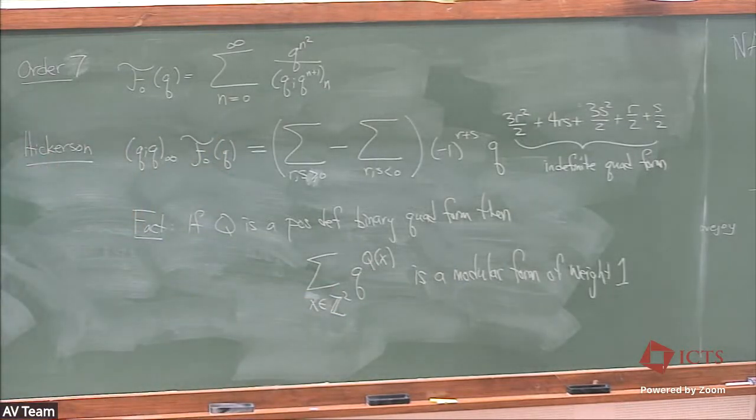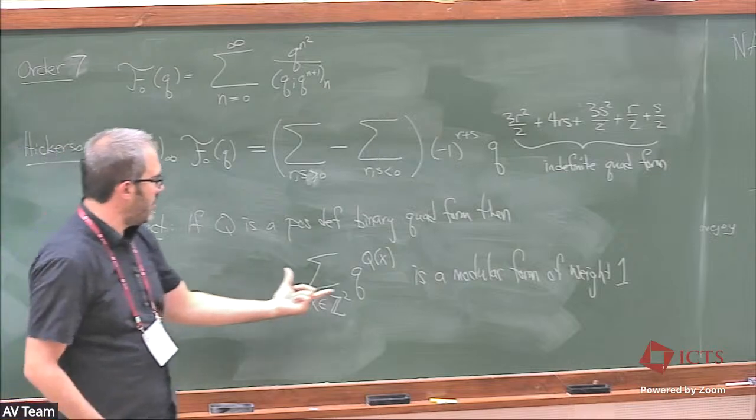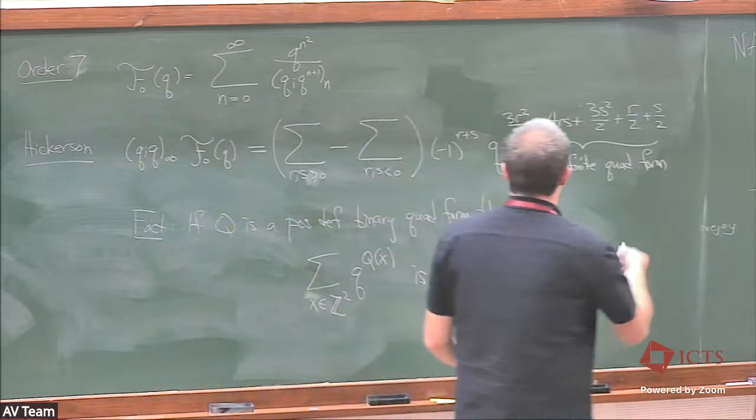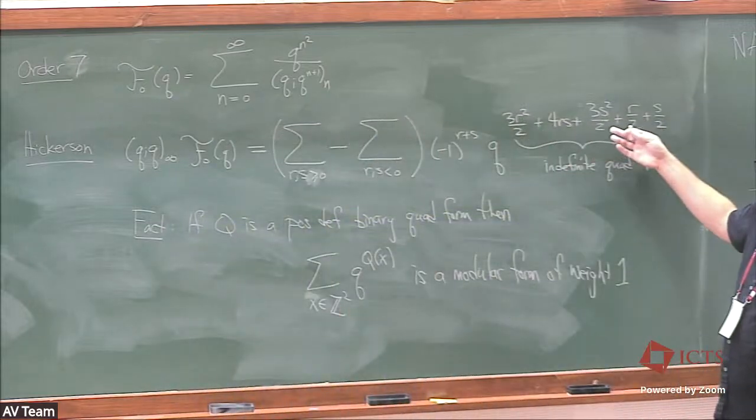But the point is that if this is a positive definite binary quadratic form, we know everything about this thing. But what happens when you plug in an indefinite quadratic form up here? I don't know.